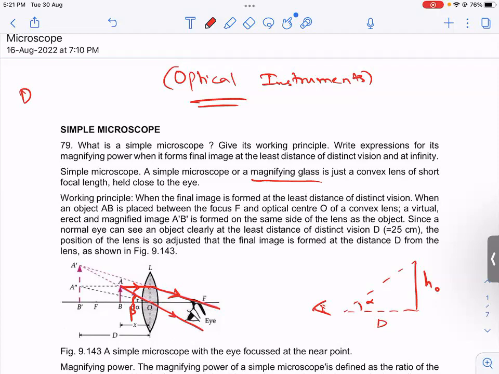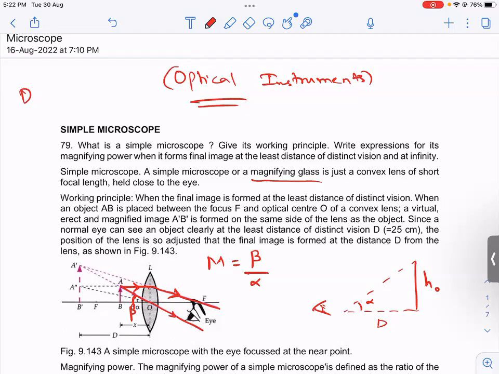For this first scenario, we are going to derive the angular magnification. Angular magnification is represented by capital M. What is capital M? I gave you an equation: angle subtended, so it is beta by alpha. But remember, with respect to optical instruments, all the angles considered are very, very small.